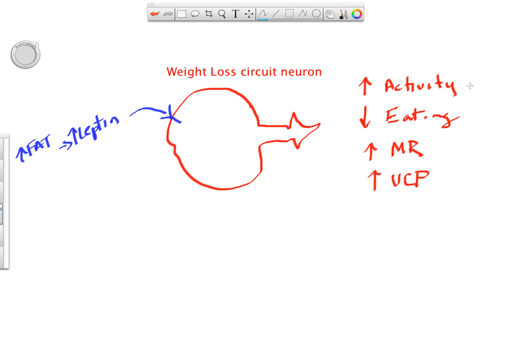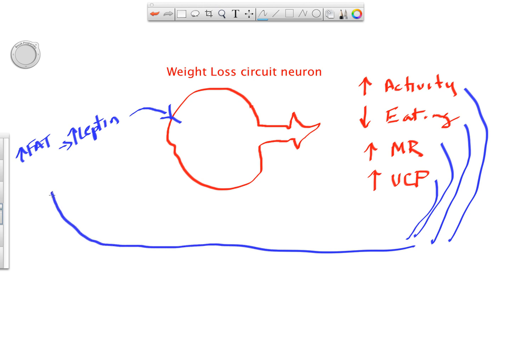Well, increasing in activity, decreasing in eating, increasing metabolic rate, decreasing uncoupler proteins, all of these things lead to a decrease in fat. So then leptin wants to activate weight loss. So leptin activates weight loss circuit cells.